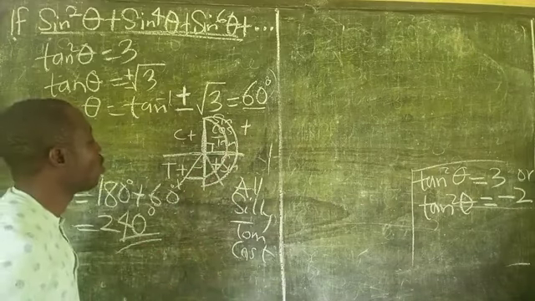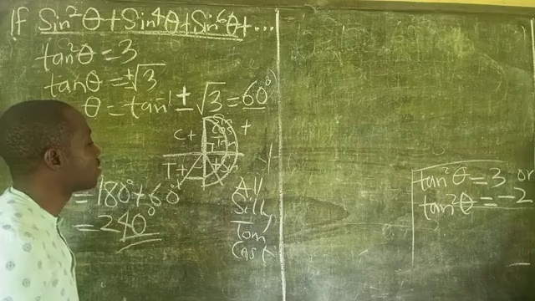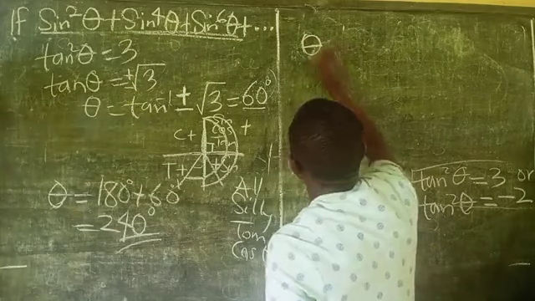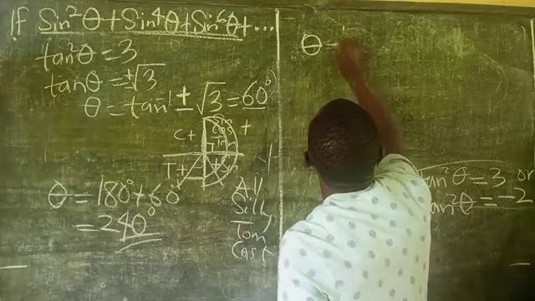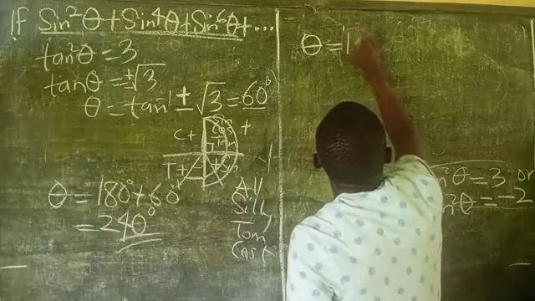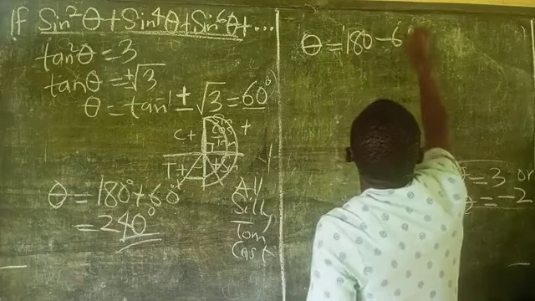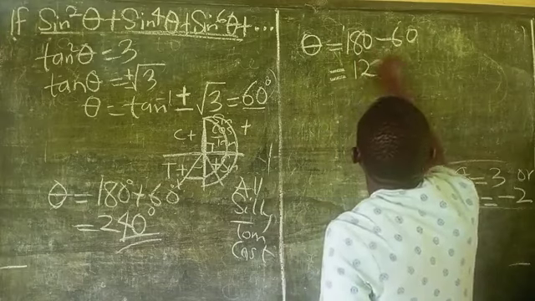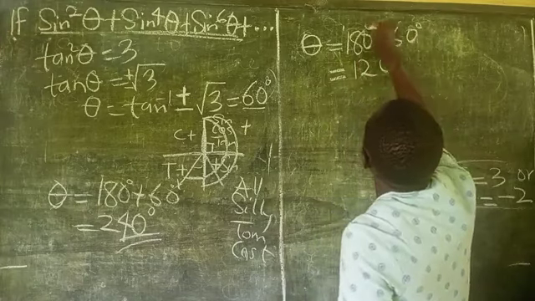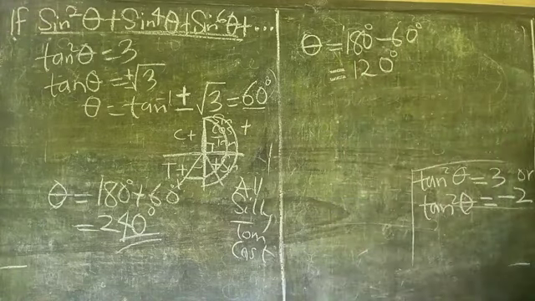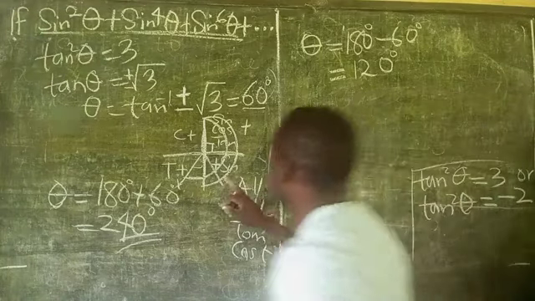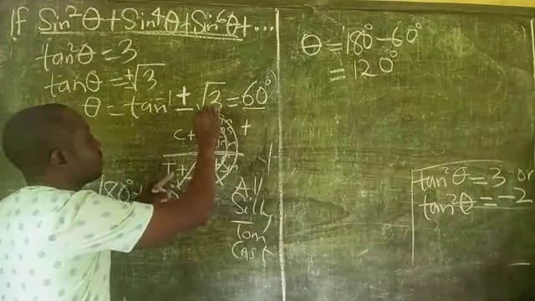Theta would be 180 minus 60, which is equal to 120 degrees.